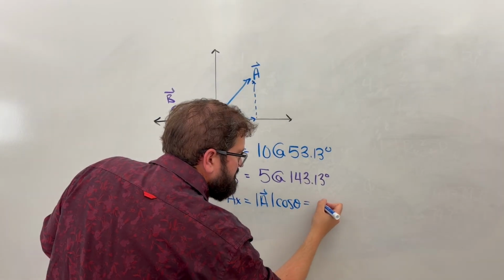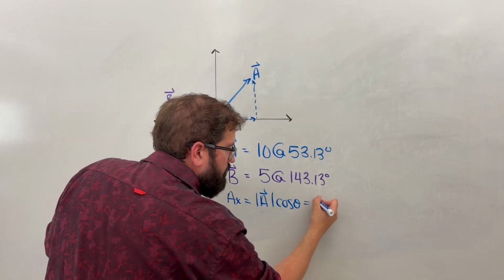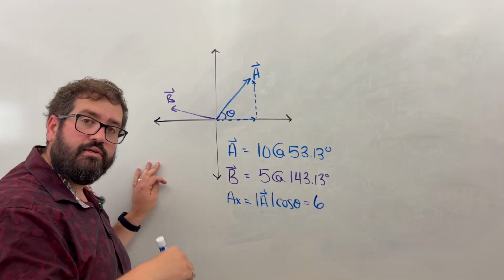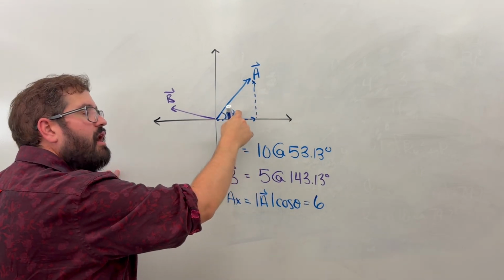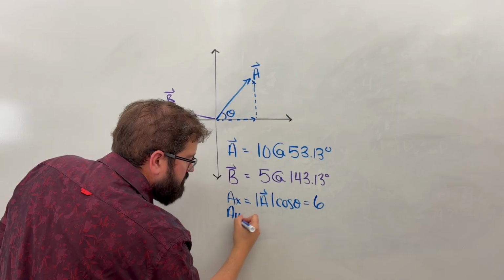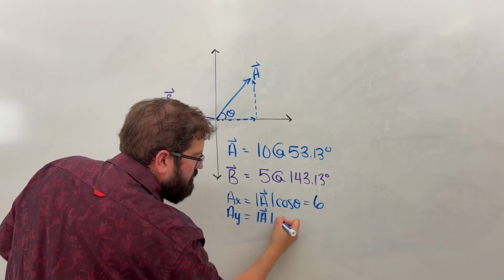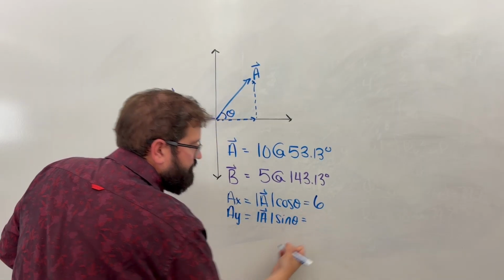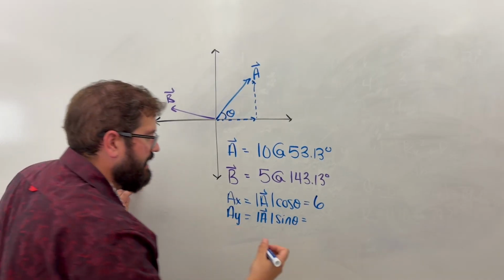When we do this out, 10 times cosine 53.13, we get 6. Now the y component is opposite this angle, so it's not going to use cosine. Its y component would be magnitude of A multiplied by sine theta. And when we do that, we get out 8.